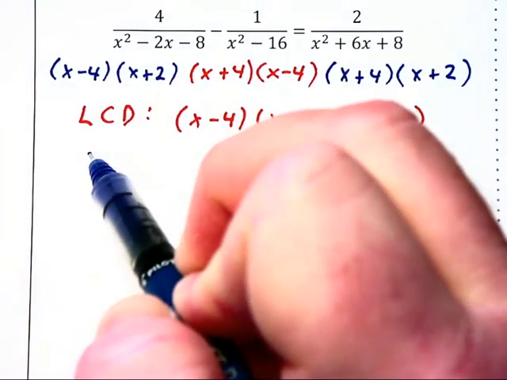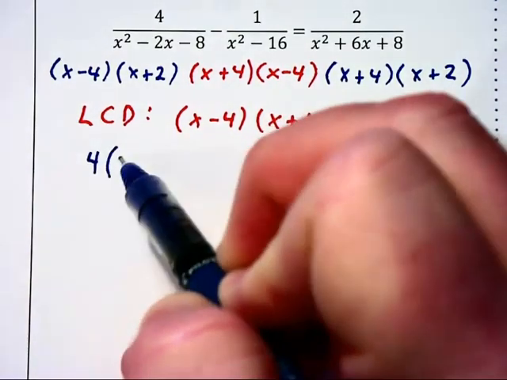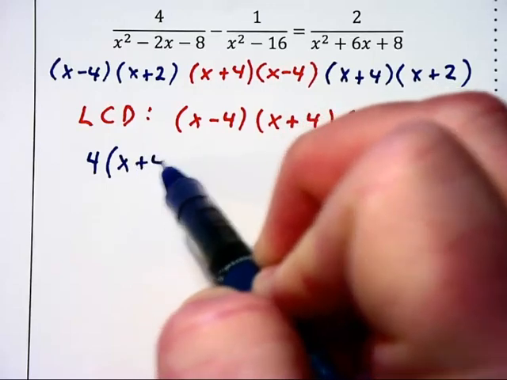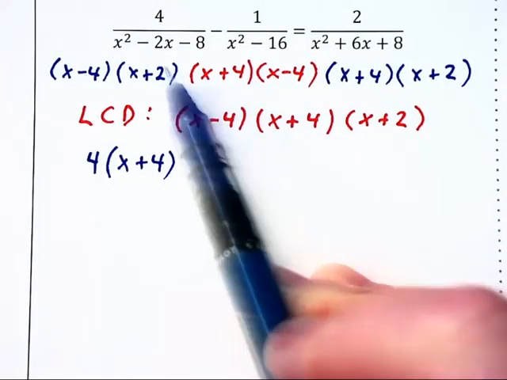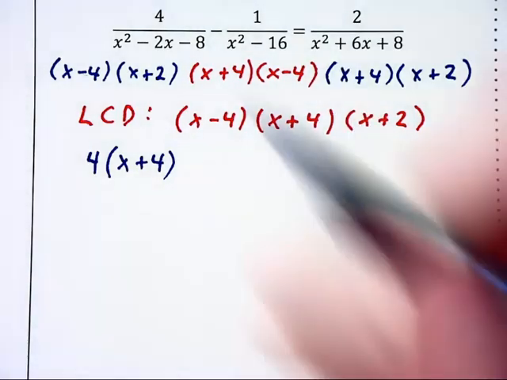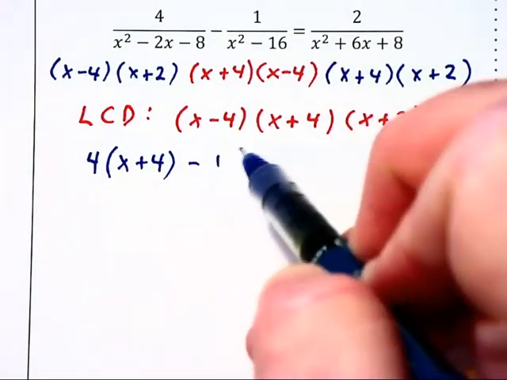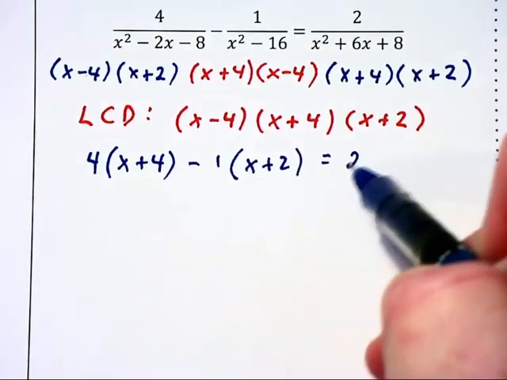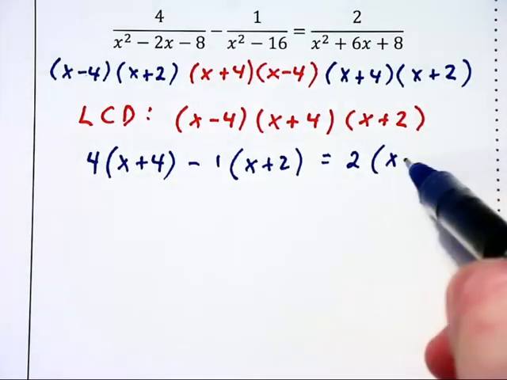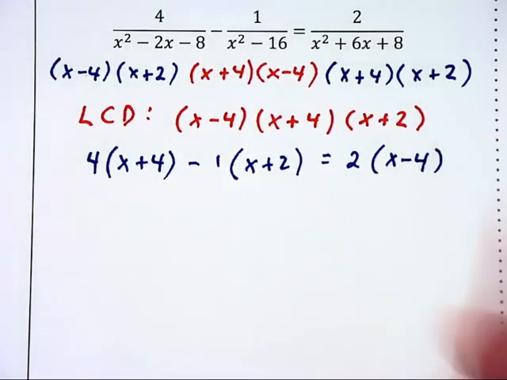Here we're going to have on the left 4 times x plus 4, because after we distribute through, the x minus 4's and the x plus 2's cancel, leaving x plus 4. Minus 1 times x plus 2 equals 2 times the quantity x minus 4.